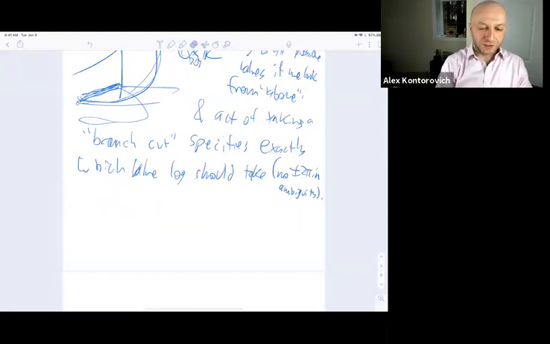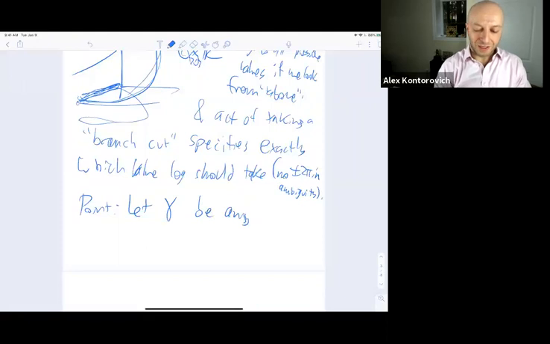The point of what I'm saying is, let gamma be any infinite simple curve that goes from 0 out to infinity.